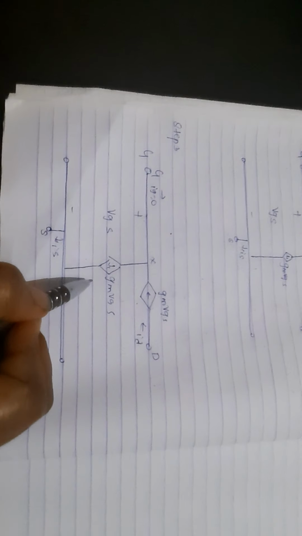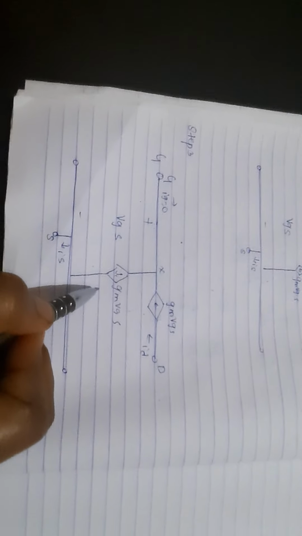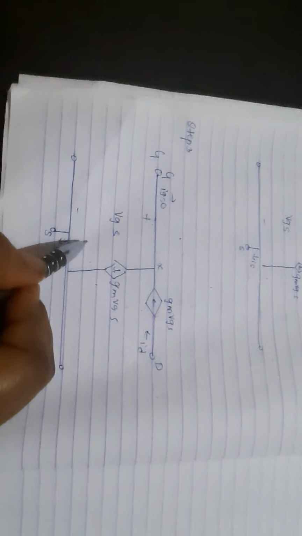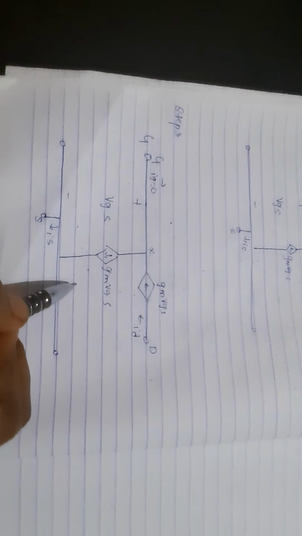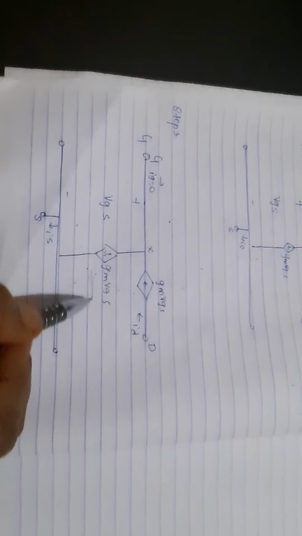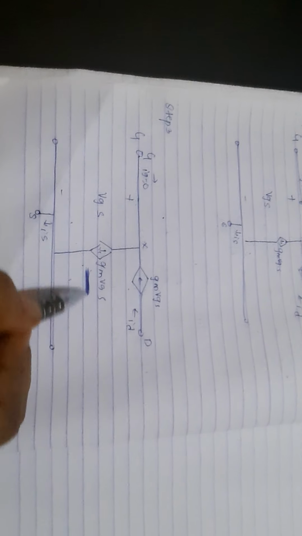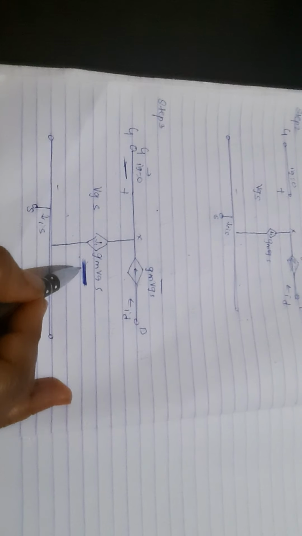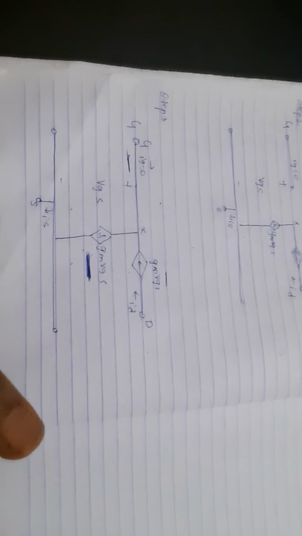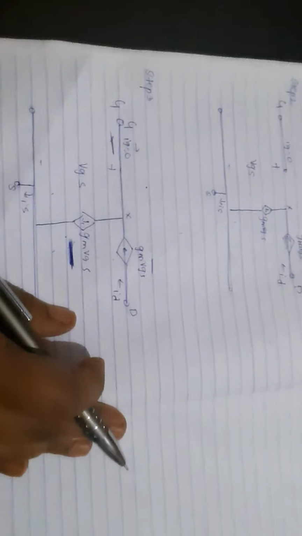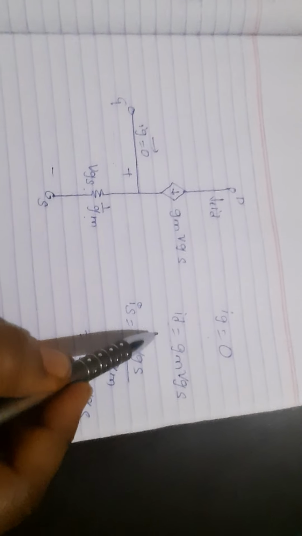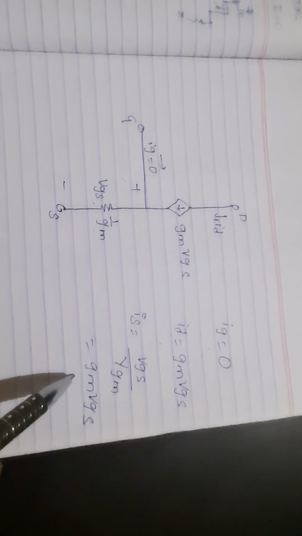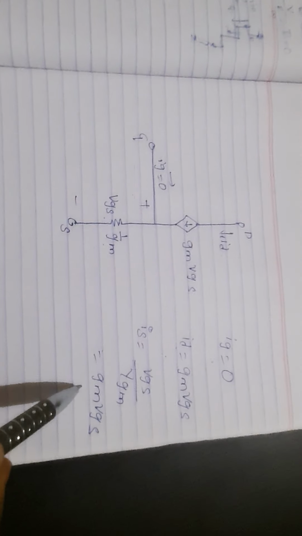For the source current, we have taken VGS divided by 1/Gm, which becomes Gm × VGS. I am not changing the gate current, it is 0. The drain current I am not changing, and the source current Gm × VGS also I am not changing. It is the same. So just see: gate current is 0, drain current is Gm × VGS, and the source current is Gm × VGS.